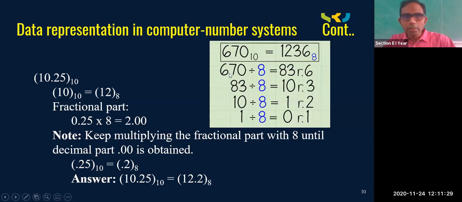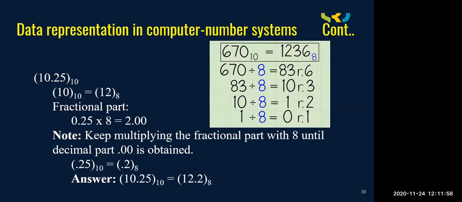How did we get this for 670? Do the division with 8. You get 83 as quotient and 6 as remainder. The 83 goes to the next step and 6 is the remainder. Then divide 83 by 8: 10 is the quotient and 3 is the remainder.